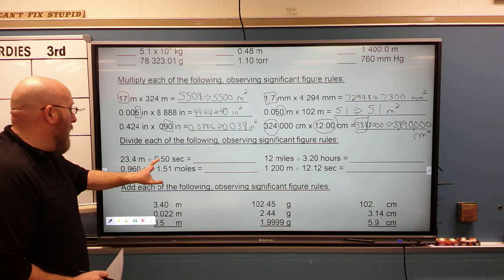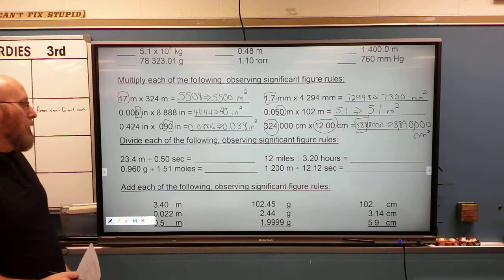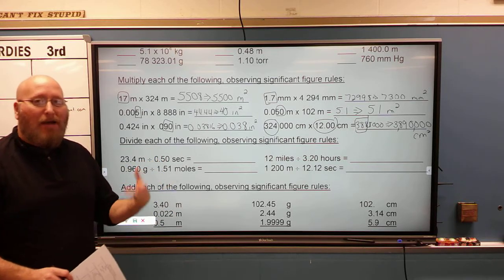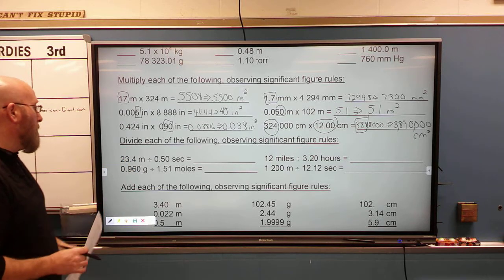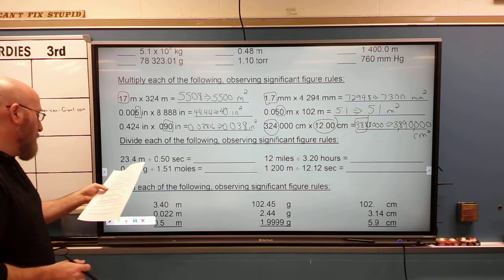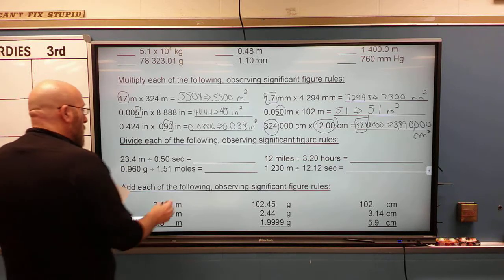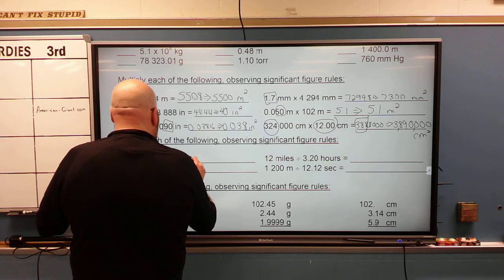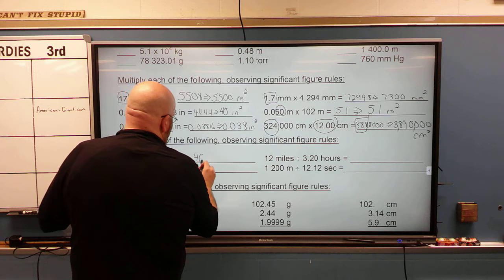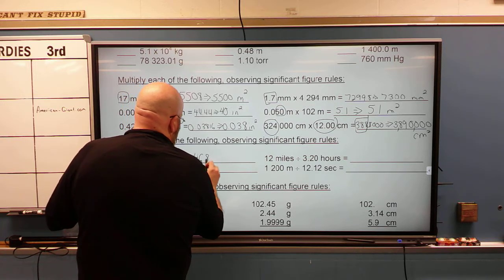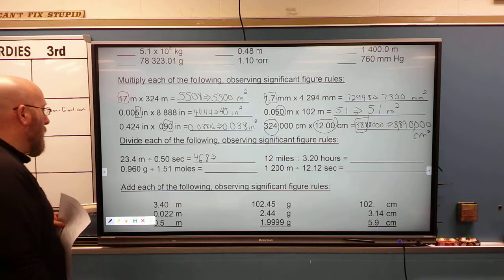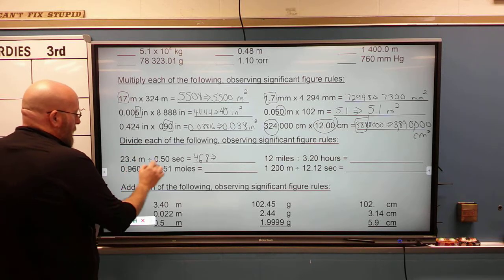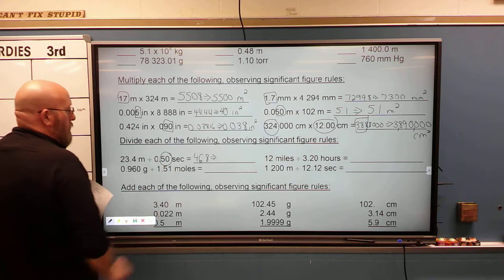Now, the same thing applies with the division. It's the exact same thing, except instead of multiplying, we're just dividing. So let's take the first one, 23.4 meters divided by 0.5 seconds. When you do the math, that gives you 46.8. That's what the calculator says. But again, look at the number of sig figs. 3 versus just 1.